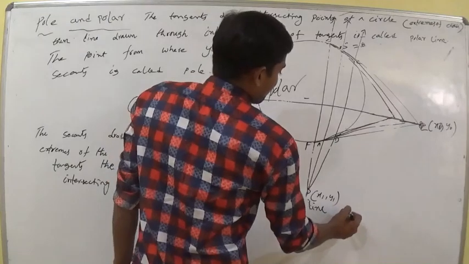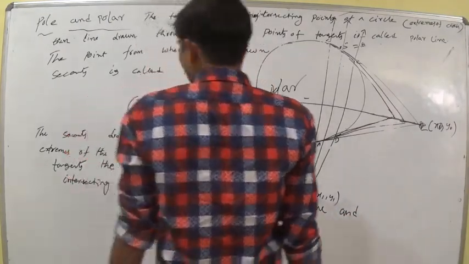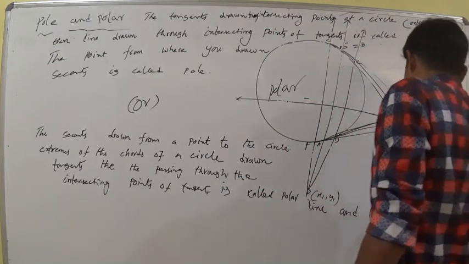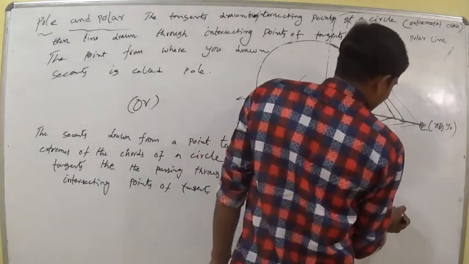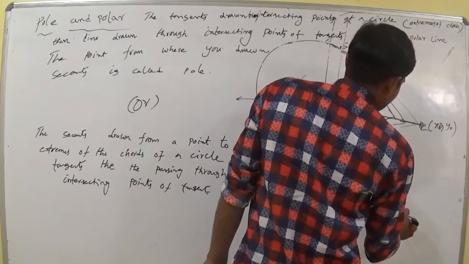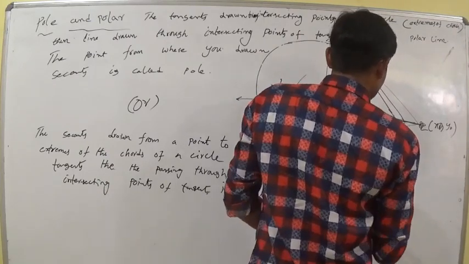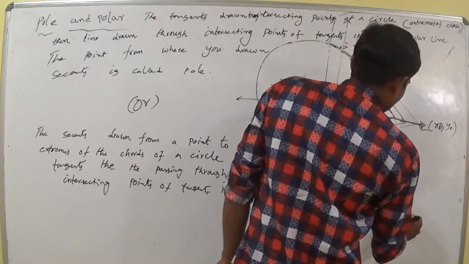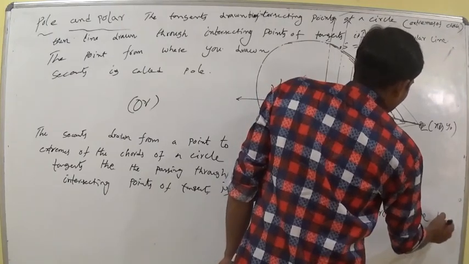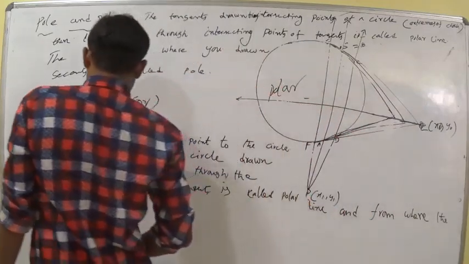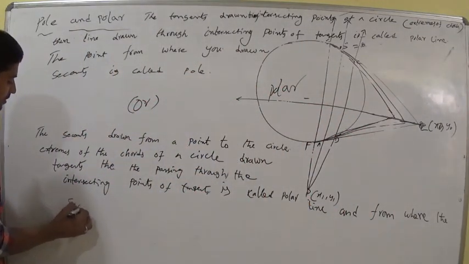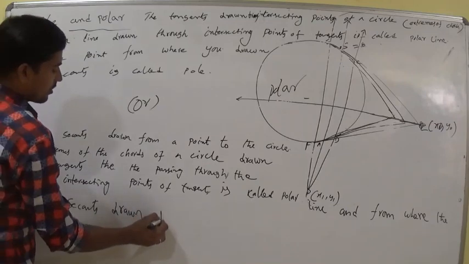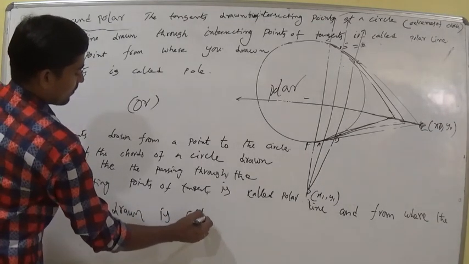And from where you draw the secants, from where the secants are drawn, is called pole.